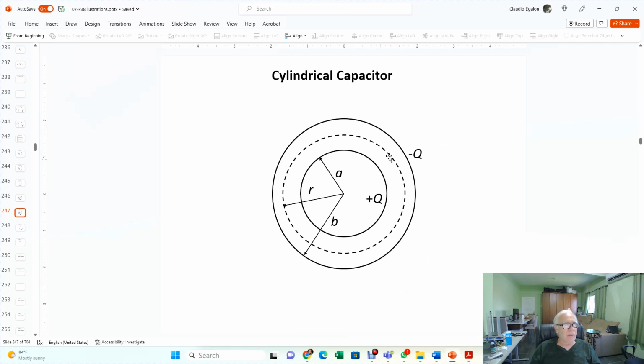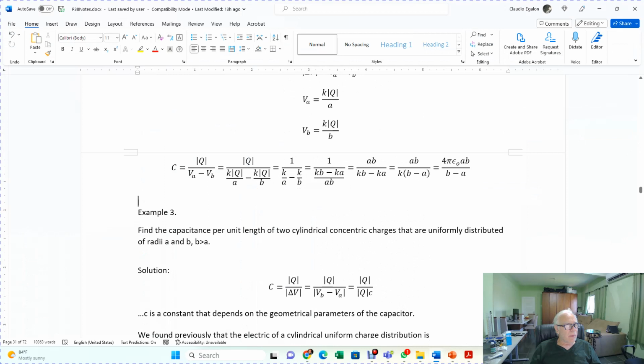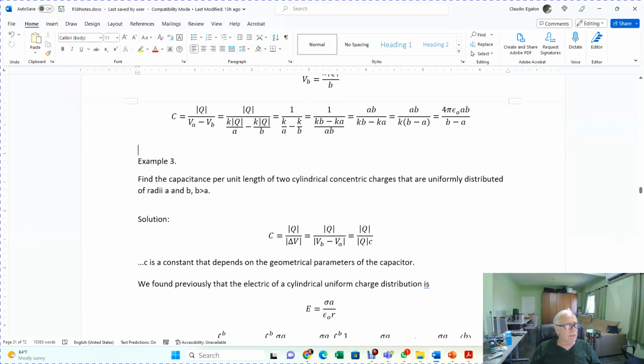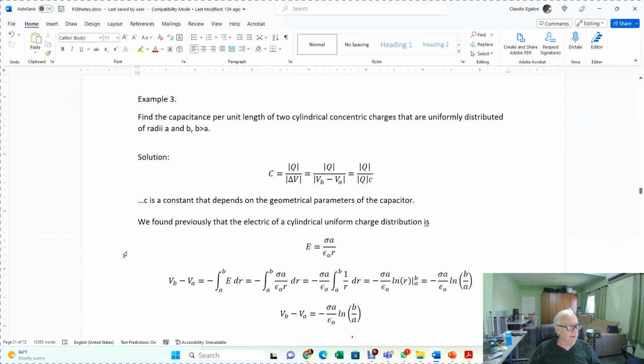Giving us a non-zero electric field in this region. What was the result when you calculate that? Okay, the result was something like that. The electric field was the surface charge density times the radius of the inner cylinder, divided by a constant epsilon naught r.